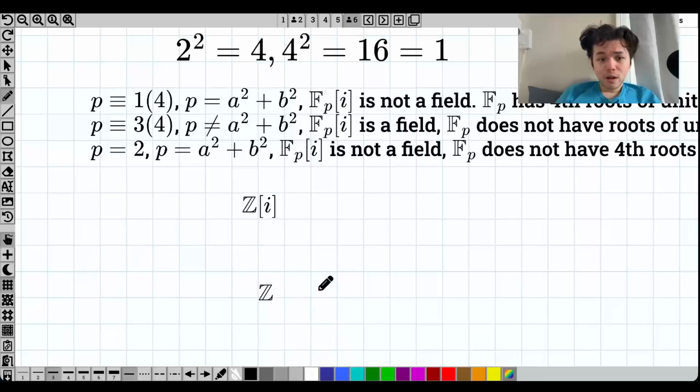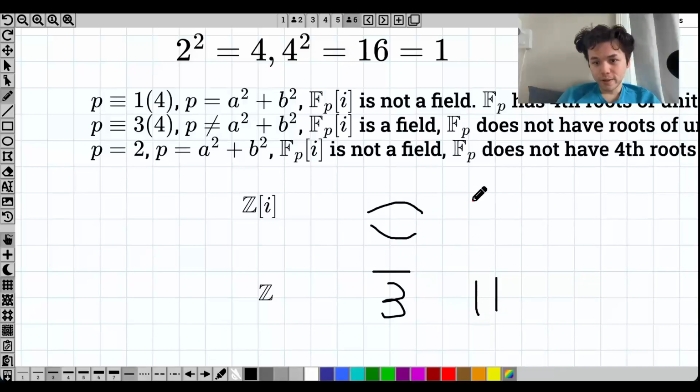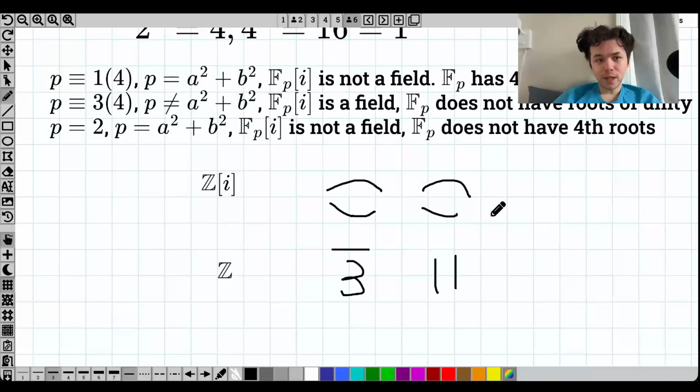And over points that are congruent to 3 mod 4, like 3, for example, or like 11, we find that we have a smooth double cover as curves. And so we might draw it like this, that there's a double cover, like z squared. And points congruent to 1 mod 4, like 5, that we just talked about, it's a single cover.